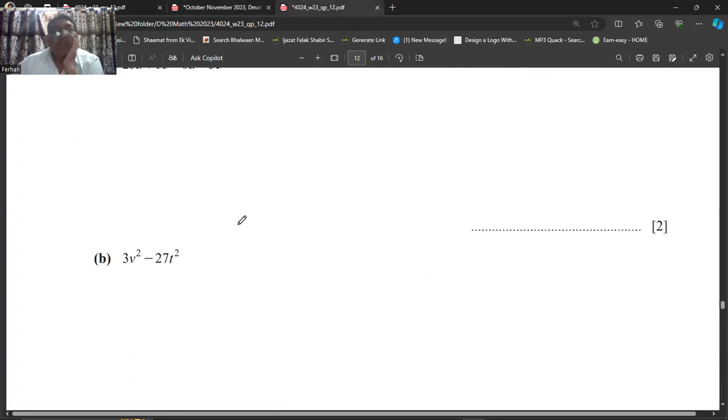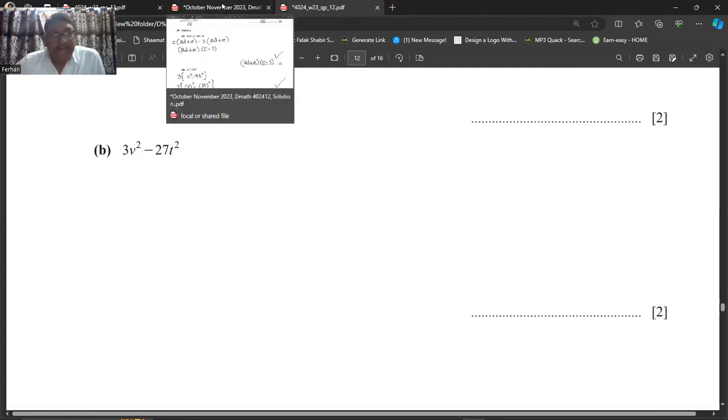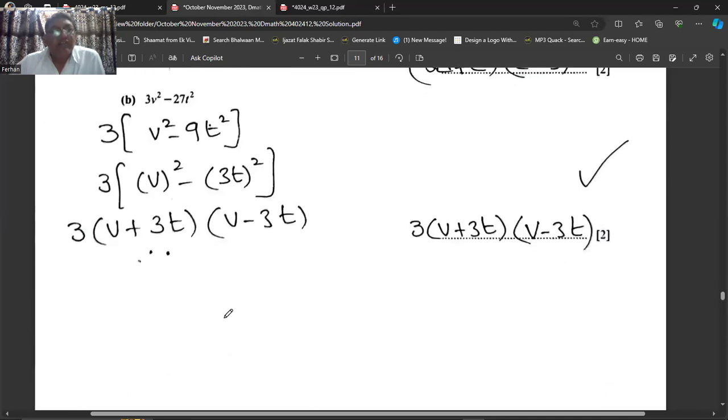Okay. In question number 20, it's the B part. Here we have 3v square minus 27t square. We have to factorize them. So I will take 3 common. In the bracket, you will have v square minus 9t square. You see this v square minus 9t square. These two are perfect squares, and you have a negative sign between them.